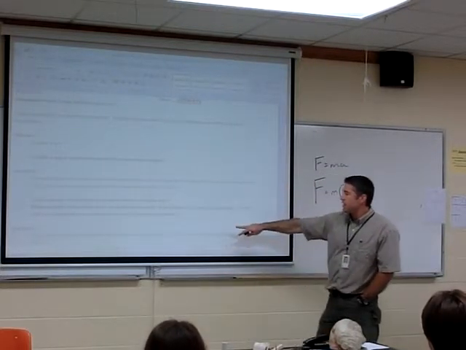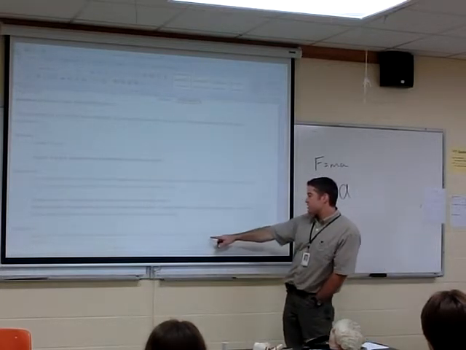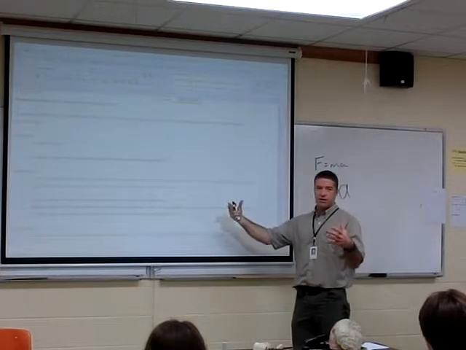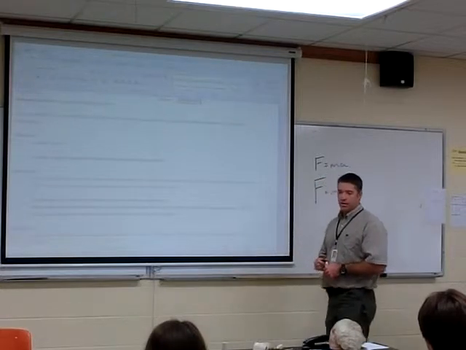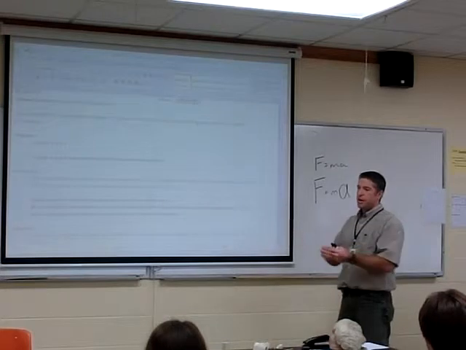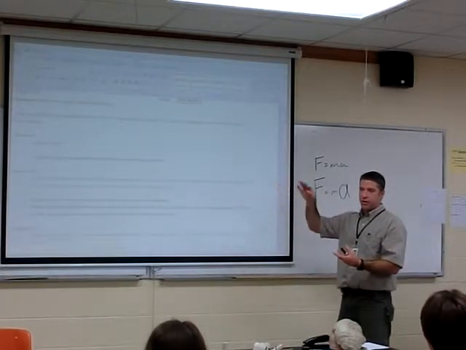Now, this is kind of what I got off on a second ago. If acceleration is inversely proportional to mass, that means bigger things are going to accelerate slower. And if I push on something with the same force and the object is twice as massive, then the acceleration is going to be a half.